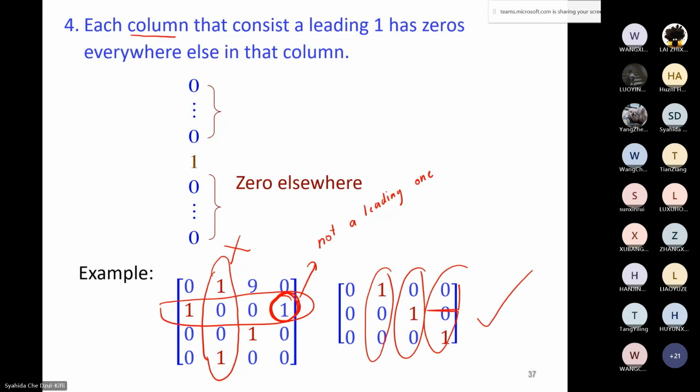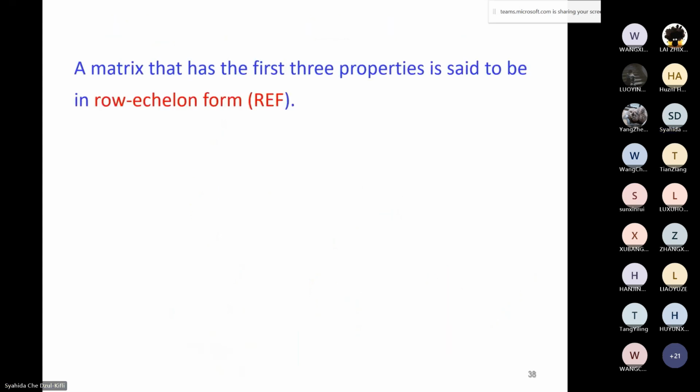Okay, if a matrix satisfies properties 1, 2, 3, and 4, then it is in reduced row echelon form, RREF.